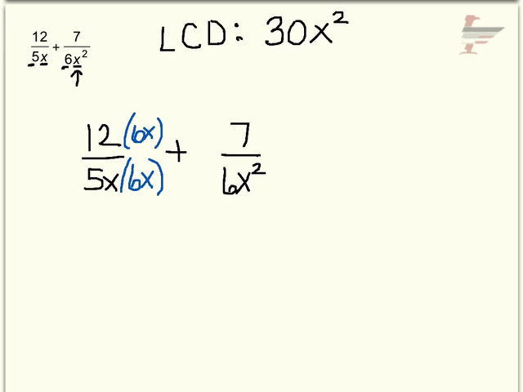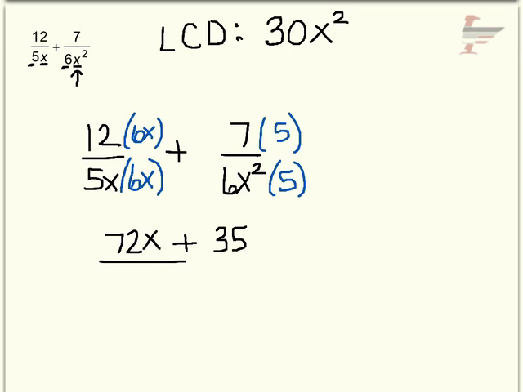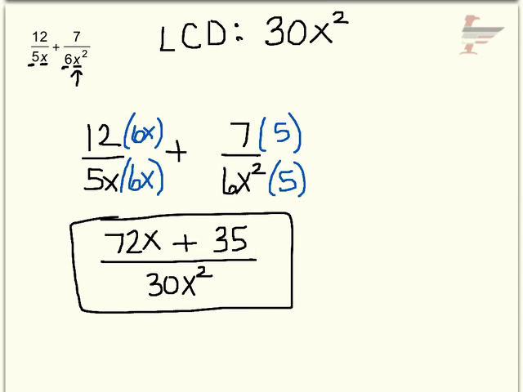The second denominator just needs to be multiplied by 5 to make that a 30x squared, so the numerator also times 5 to balance out, of course. And then when I multiply these out, 12 times 6x would be 72x, plus 7 times 5 is 35, and that's all divided by 30x squared, my common denominator. And nothing factors out of 72x plus 35, so that is my answer.